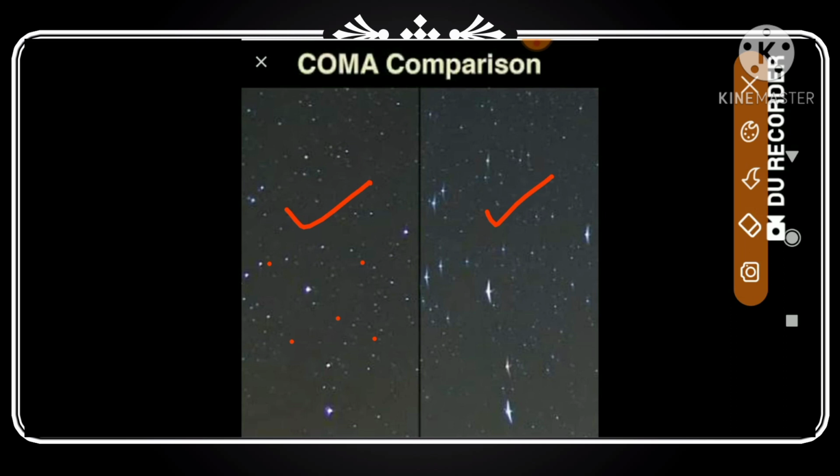So this is a coma comparison. This is what we see with a coma defect, a coma aberration. The second figure is after removing the defect, the real picture.